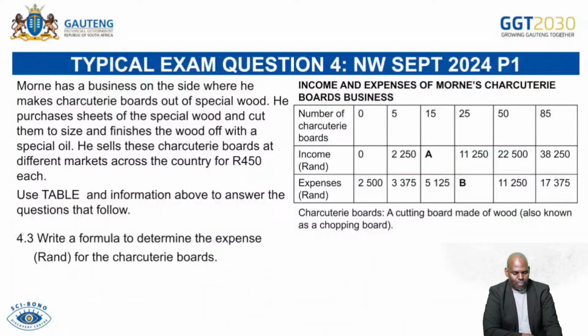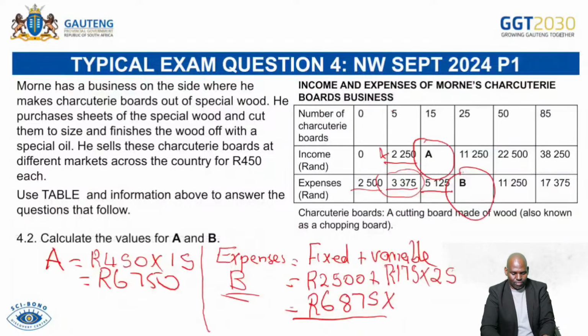Right, then for number 4.3, it says write a formula to determine the expense for the calculatory boards. So what do we do? What is the formula? It's a similar formula that I used in the previous question. Remember this?